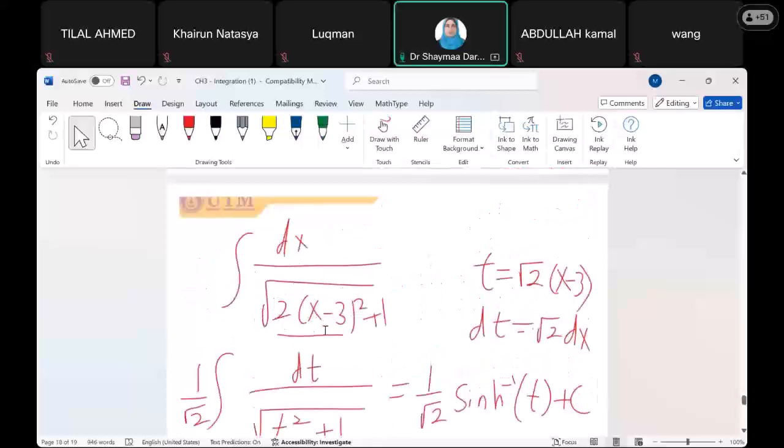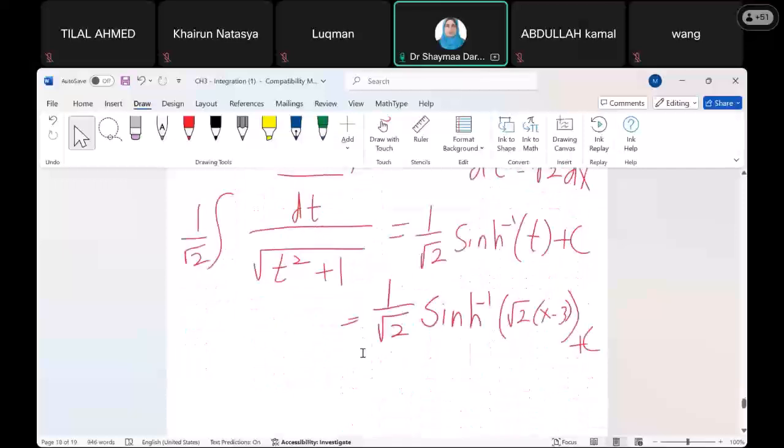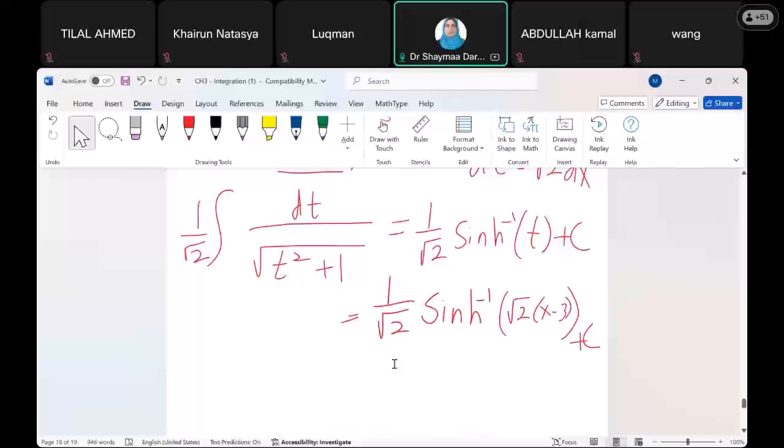I need to be sure that x squared is not multiplied by any number, and that you have x squared or variable squared, not x minus 3. So all this value has to be replaced by t squared. If t squared is equal to 2x minus 3, this means t itself is square root of 2x minus 3. Then you can go for substitution and find the answer.